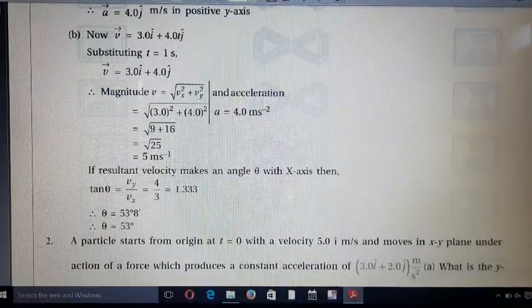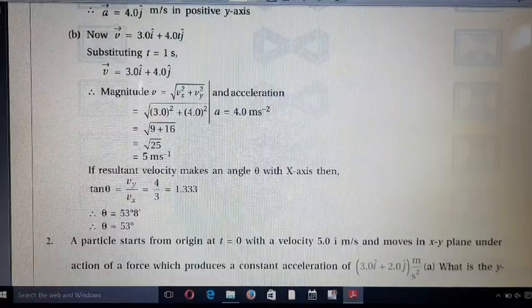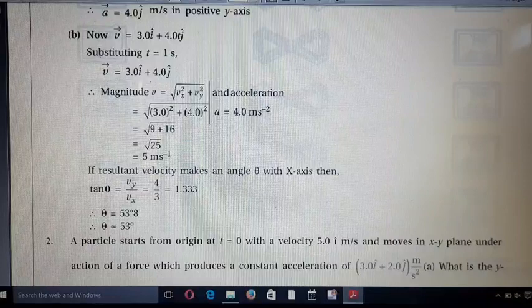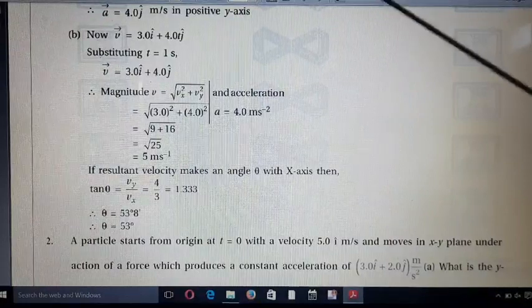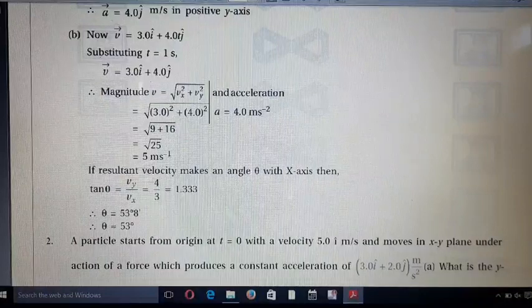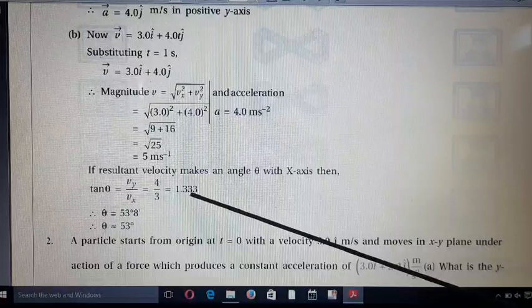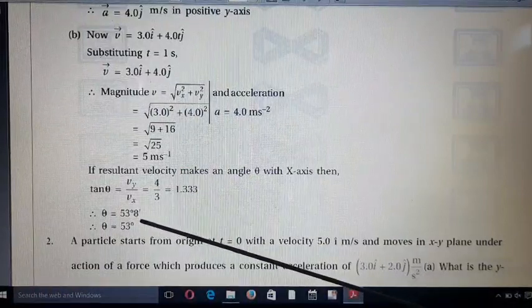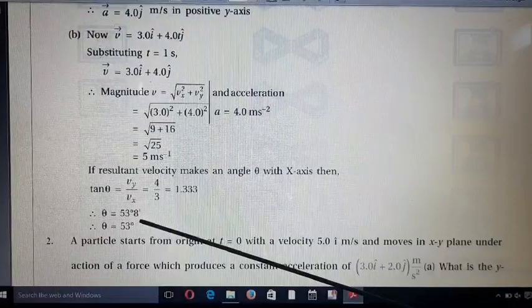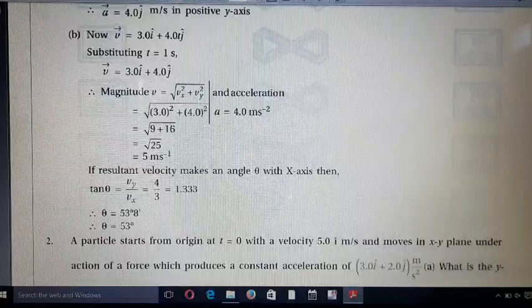Friends, with the help of your textbook, the natural tangent table is available. In the natural tangent table you can find for which degree you get the answer 1.333. So we get the answer 53 degree and 8 minute. Similarly, we can write θ = 53 degree.